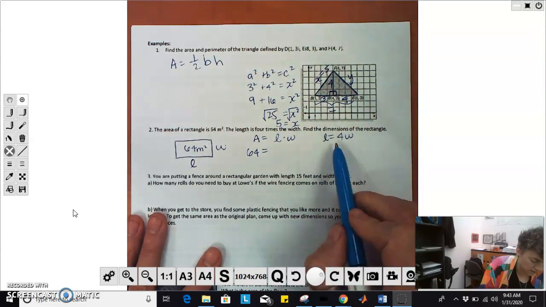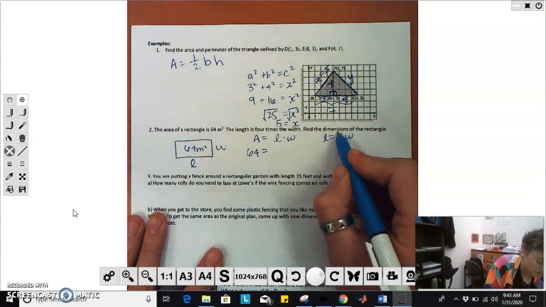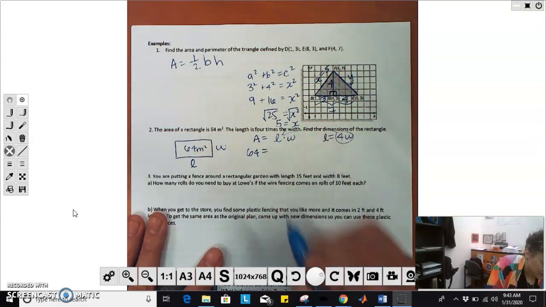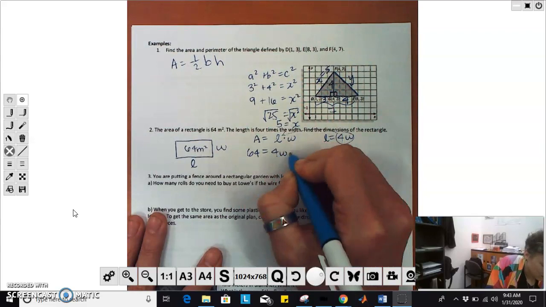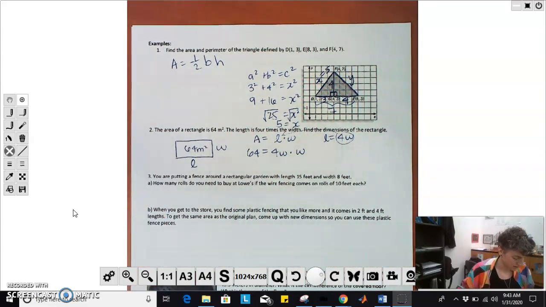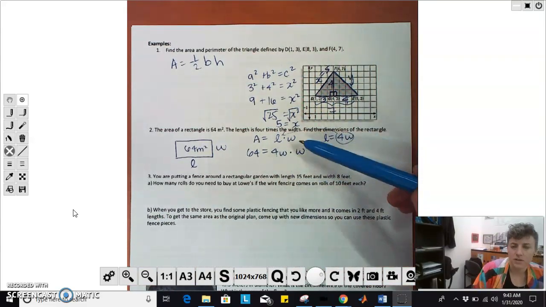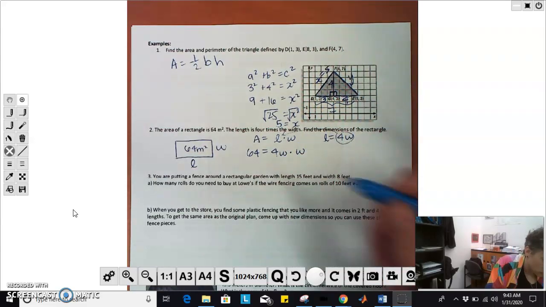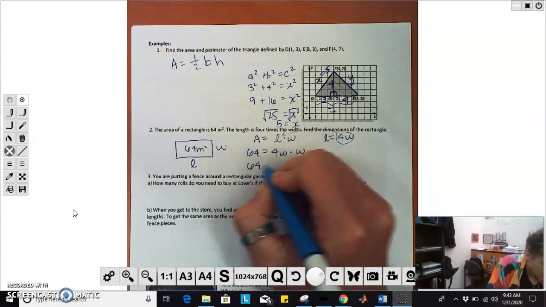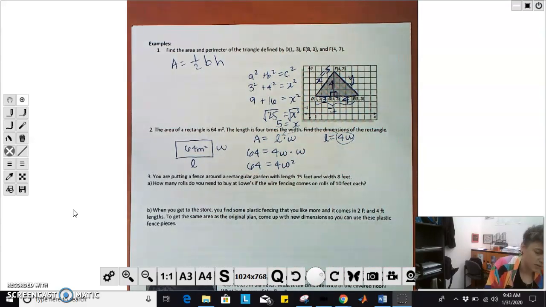So let's plug 4 times the width in for our length. 4w times w. And what's 4w times w? 4w squared. How do we get w by itself?